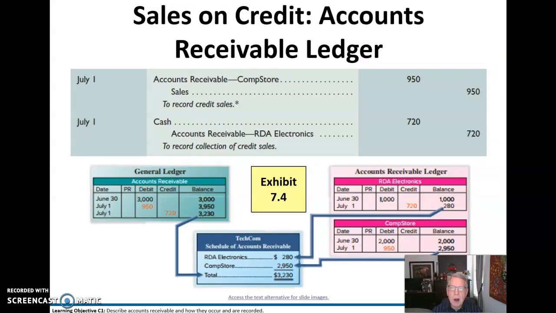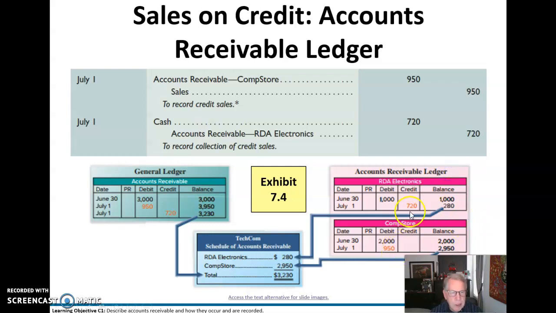Now, here's our accounts receivable ledger for CompStore, and we're going to take a look at that. Here are our subsidiary receivable ledgers for RDA Electronics and CompStore.